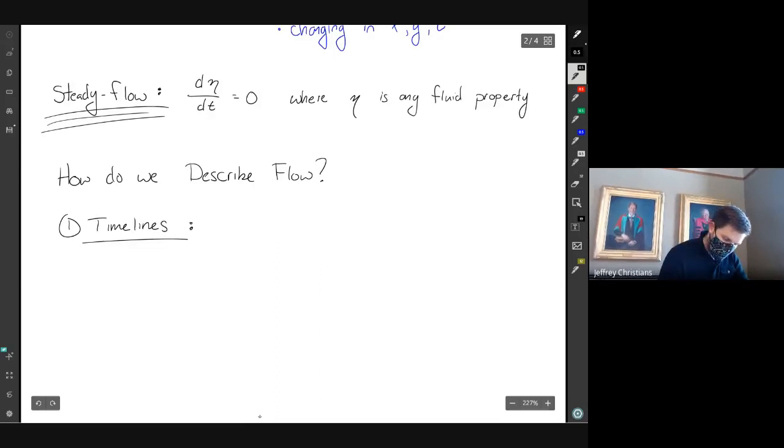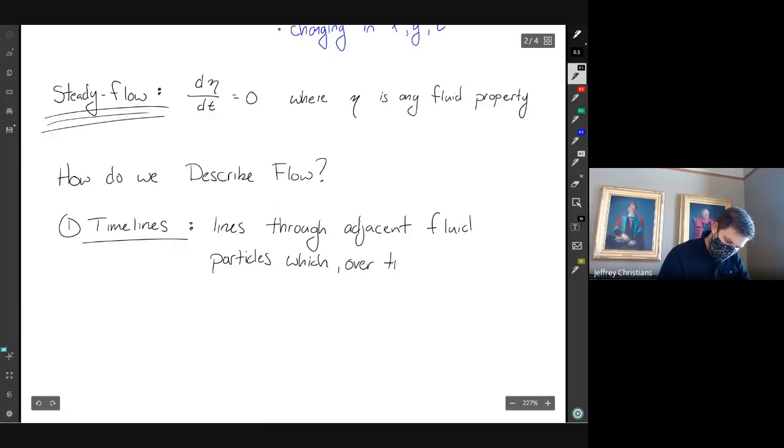What timelines are: they're lines through adjacent fluid particles which over time show relative motion. Okay, so what would this be?